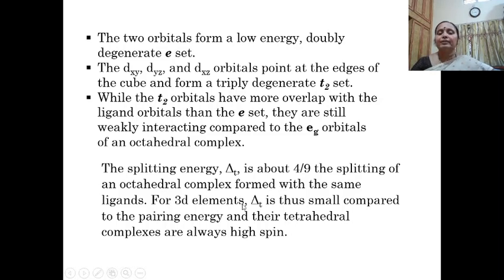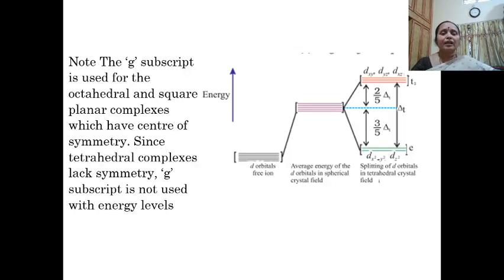For 3d elements, delta T is thus small compared to the pairing energy, so tetrahedral complexes are always high spin. As the ligands approach, first the energy increases.